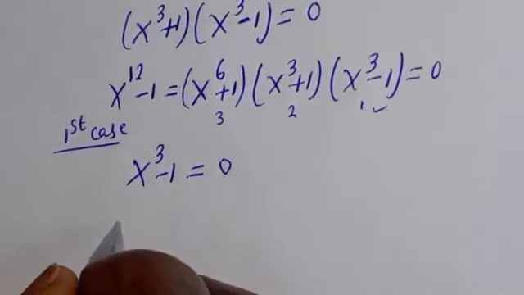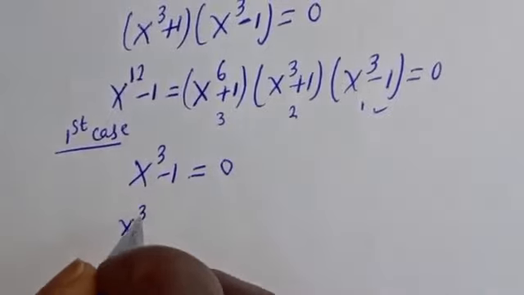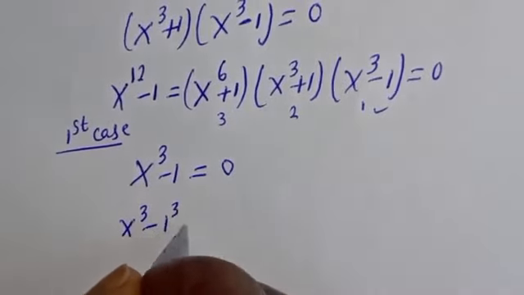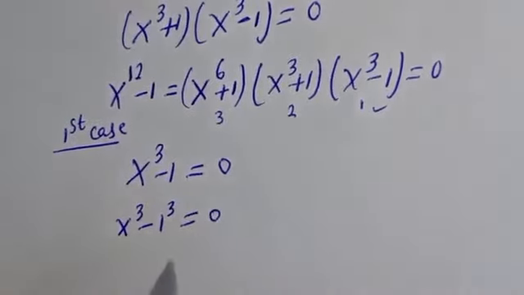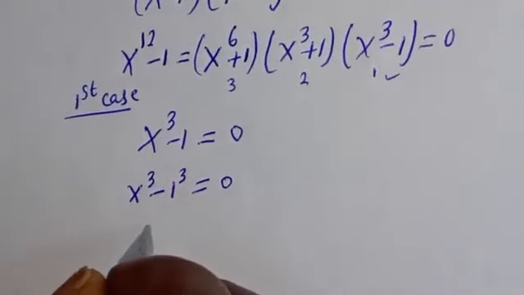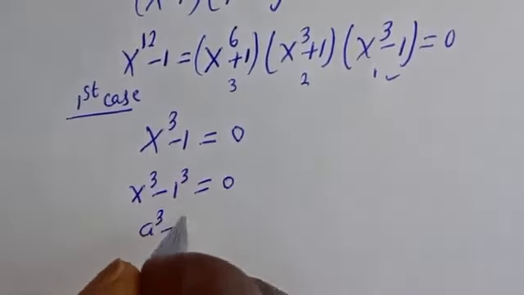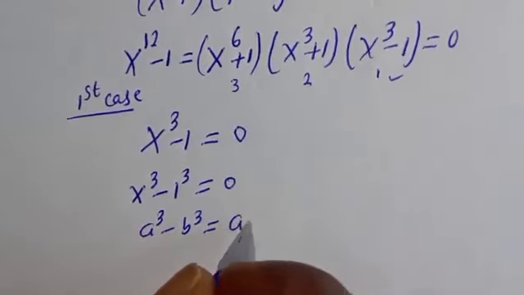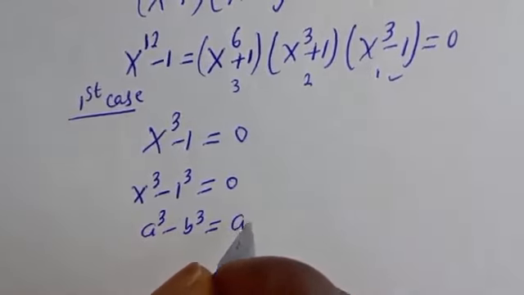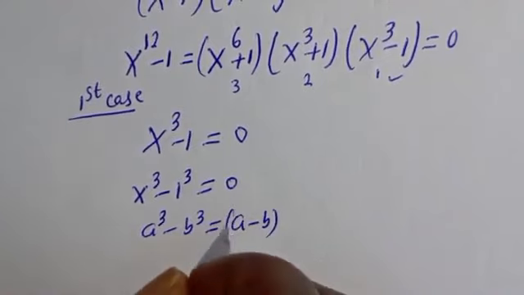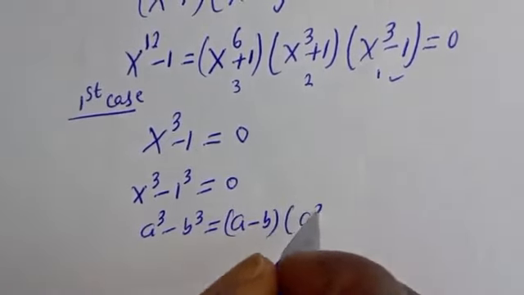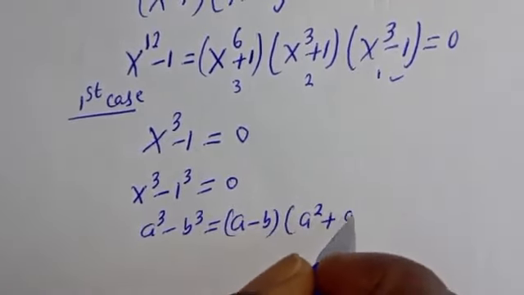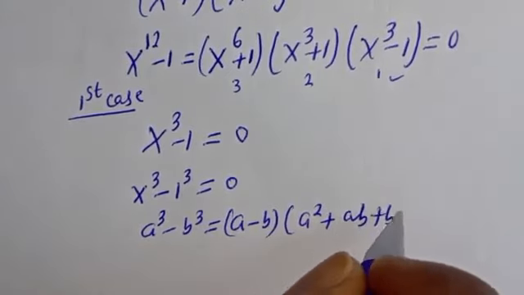So this is the same thing as s raised to power 3 minus 1 raised to power 3 is equal to 0. Then if you have a raised to power 3 minus b raised to power 3, this is equal to a minus b bracket a squared plus ab plus b squared.